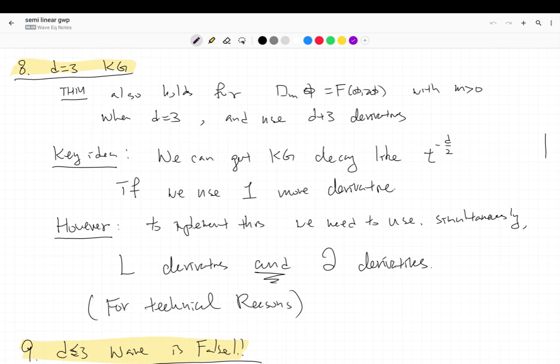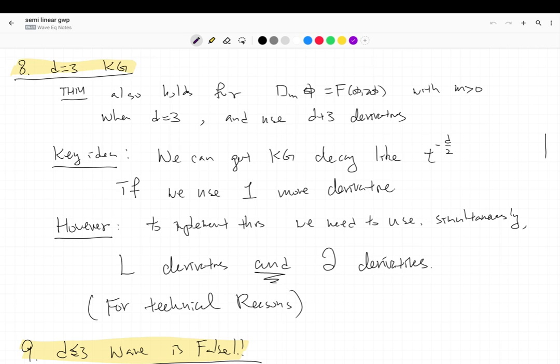As I said earlier, we proved the global well-posedness theorem for general nonlinearities for both the nonlinear wave equation and nonlinear Klein-Gordon equations when the spatial dimension is d bigger than or equal to 4.